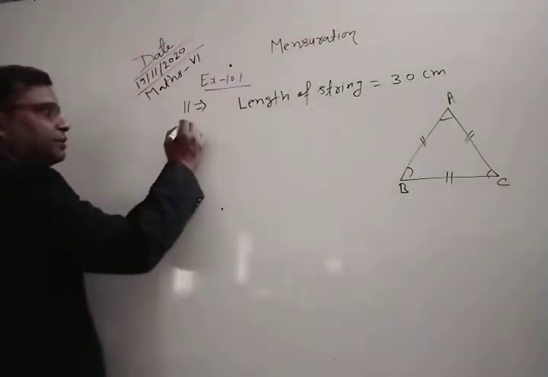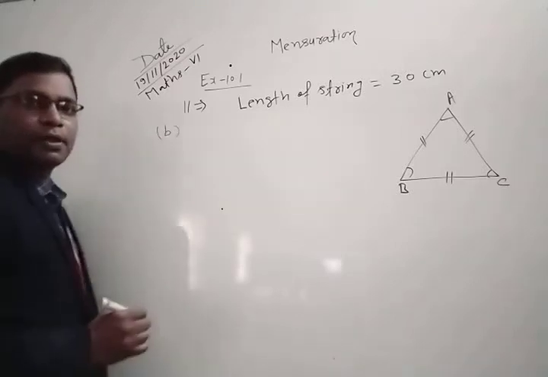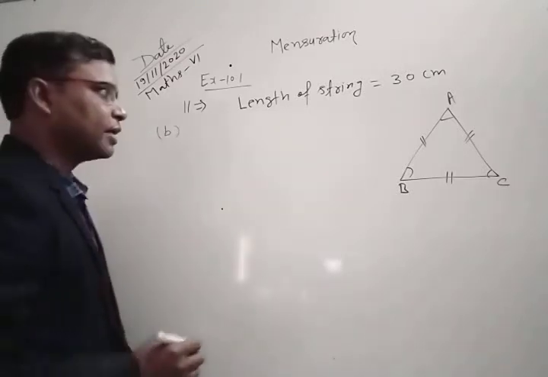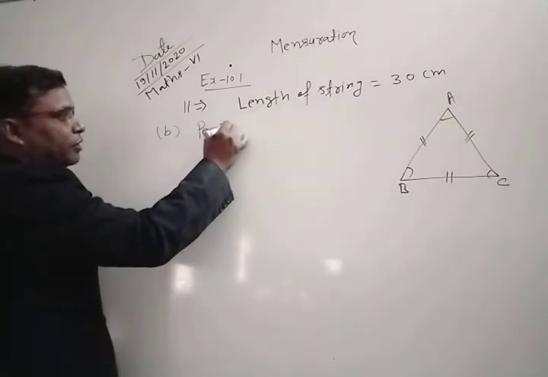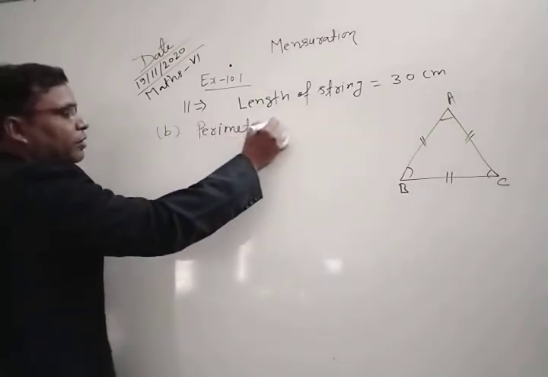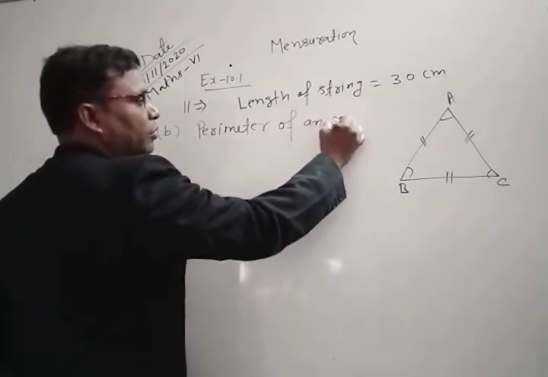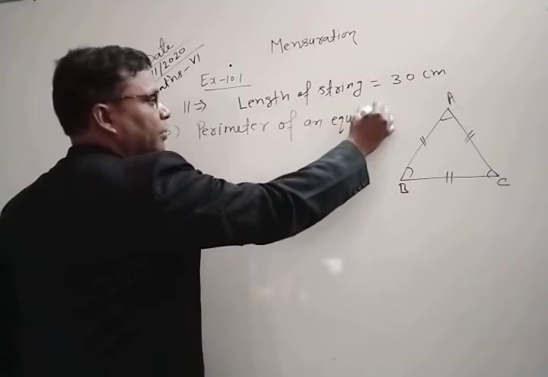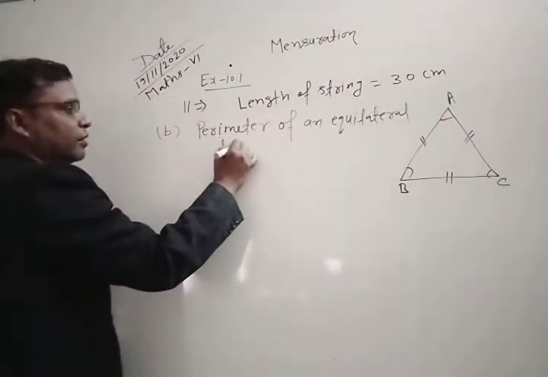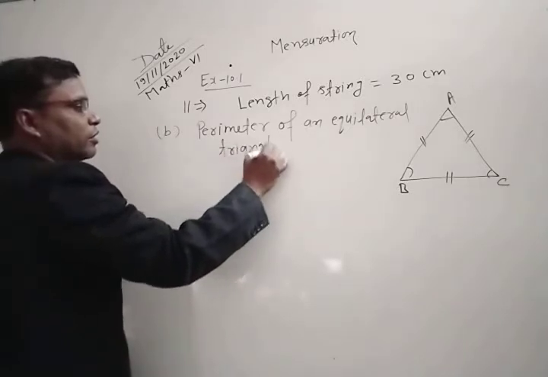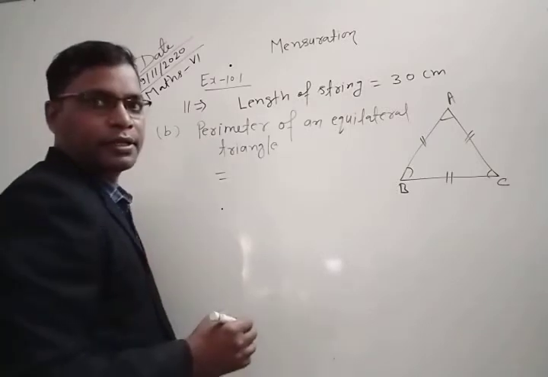So this is part B. We need to find the perimeter of the equilateral triangle. So you can write here: perimeter of an equilateral triangle is equal to length of string.